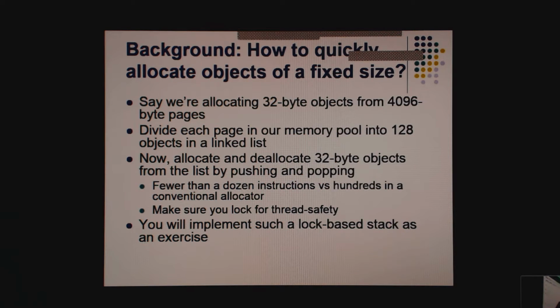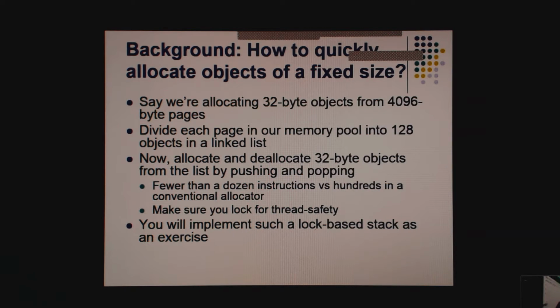Okay, so first, how could we optimize allocation of objects of a fixed size? So let's say we're only allocating 32-byte objects, right? C++ lets you do things like class-specific allocators that could be optimized for knowing what the size of that class is.